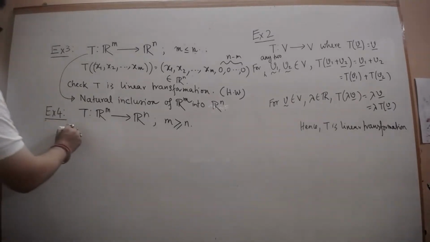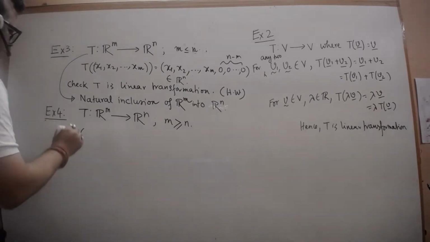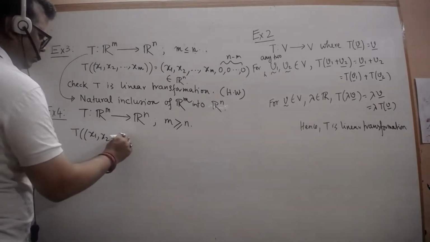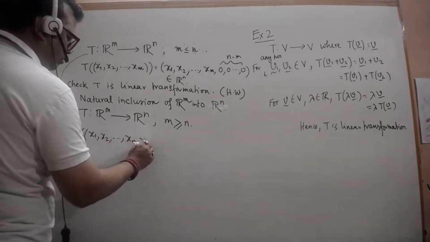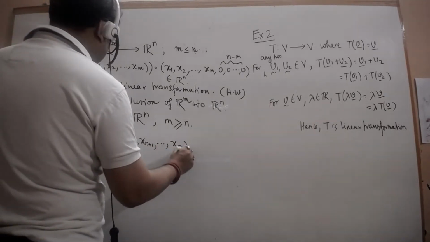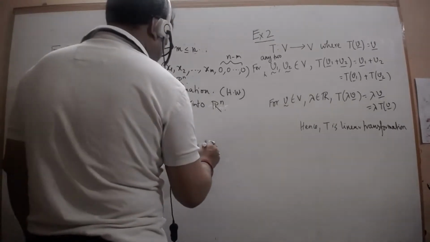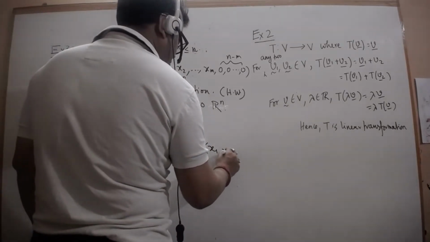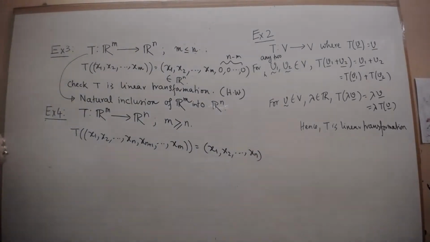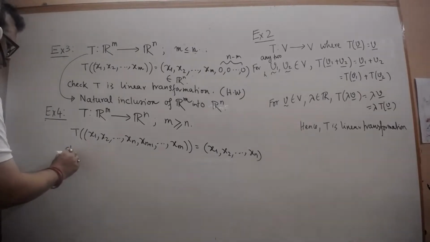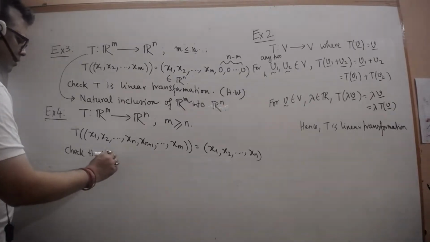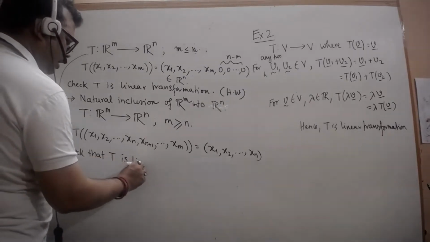Then define T as the map keeping the first m coordinates. Check that T is a linear transformation.